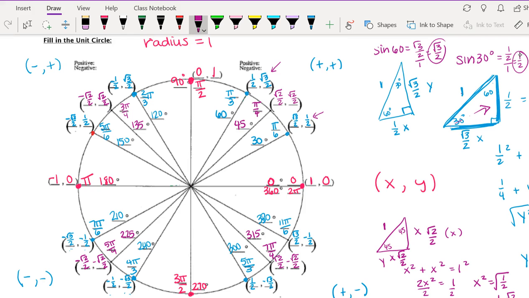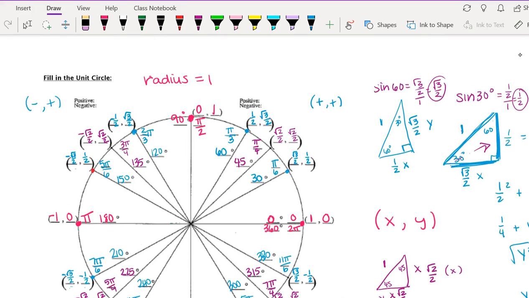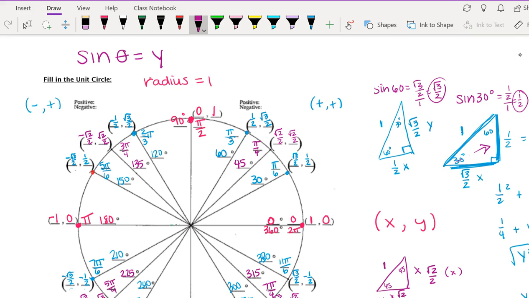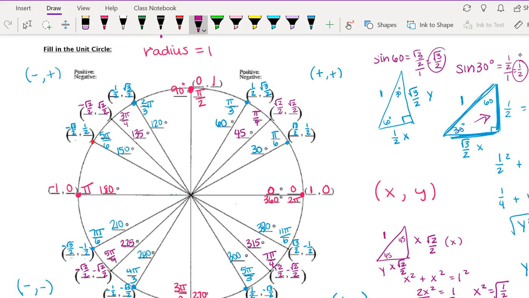It's the y coordinate, which means that the sine of any angle, and this is the big idea for trig, I know I have a lot going on here, the sine of any angle is always equal to y.